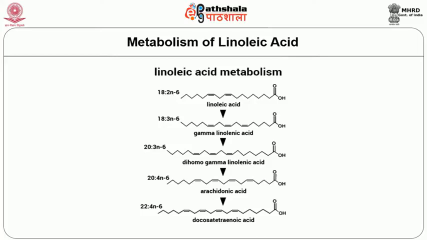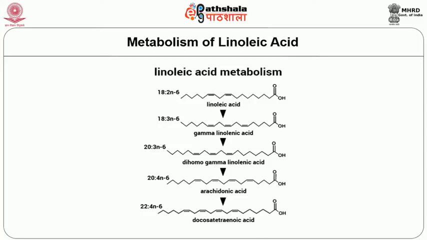This is also an omega 6 fatty acid, which is further converted into dihomo gamma linolenic acid, which has 20 carbons. Starting with 18 carbons and 2 double bonds, it is converted to still 18 carbon atoms but 3 double bonds, and then to more carbon atoms, 20 carbon atoms with 3 double bonds.